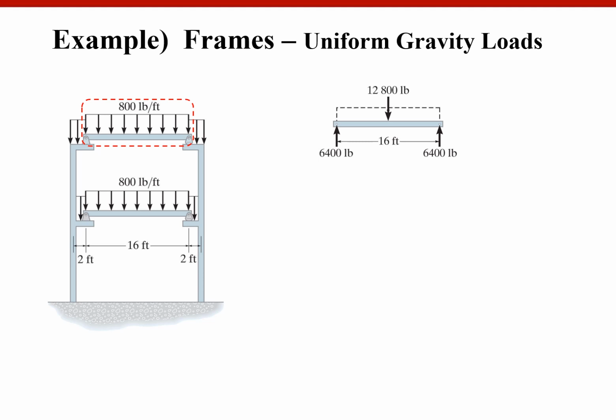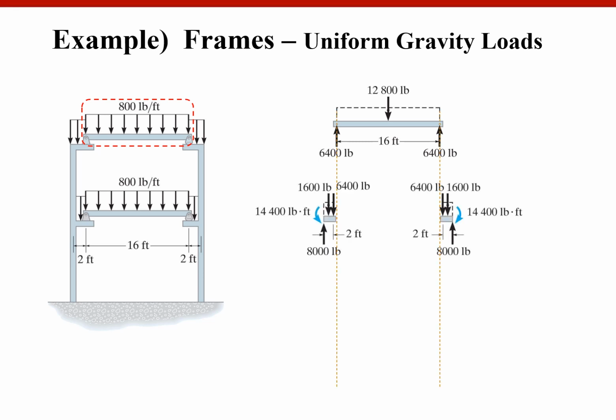Alright, so half of the reaction, half of the reaction. And that reaction will be the action on the cantilever portion. In that way, you can calculate your moment. Of course, those are approximate values, but accurate enough for practical purposes. So your bending moment is like this.